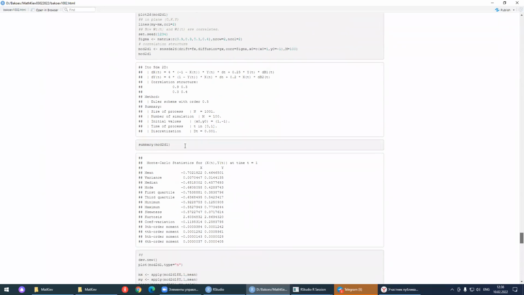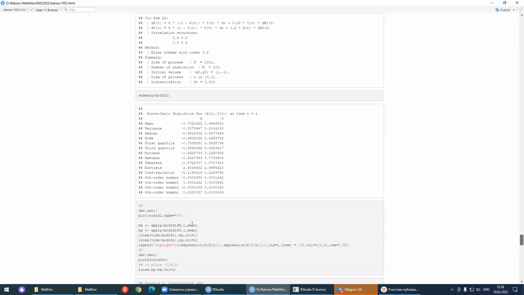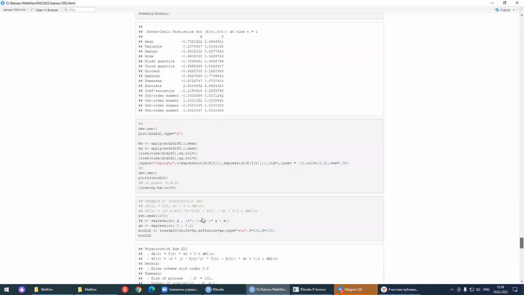And the next example is about a solution of the system of Stratonovich stochastic differential equations. The same procedure: you only have to put here the type of equation, STR.